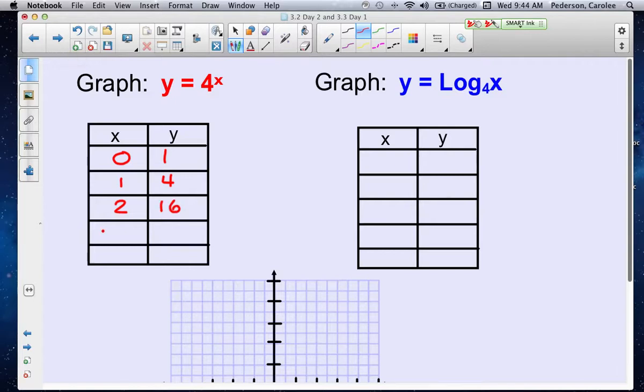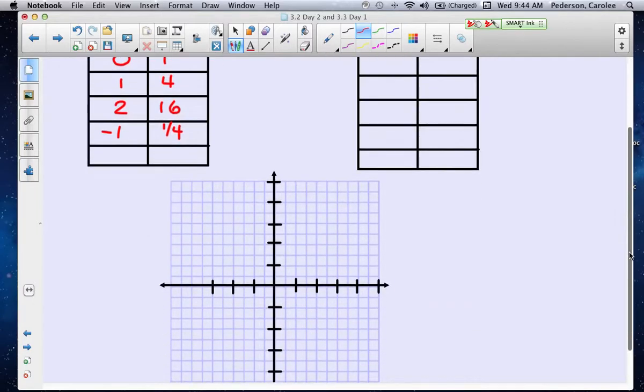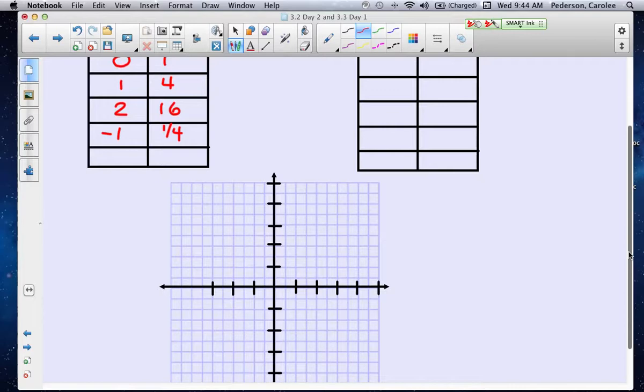If I go backwards, negative 1. 4 to the negative 1 power is 1 over 4 to the 1, which is 1/4. Okay, so let's just take those ordered pairs and graph the exponential equation for y equals 4 to the x. So I'll graph my critical point first.